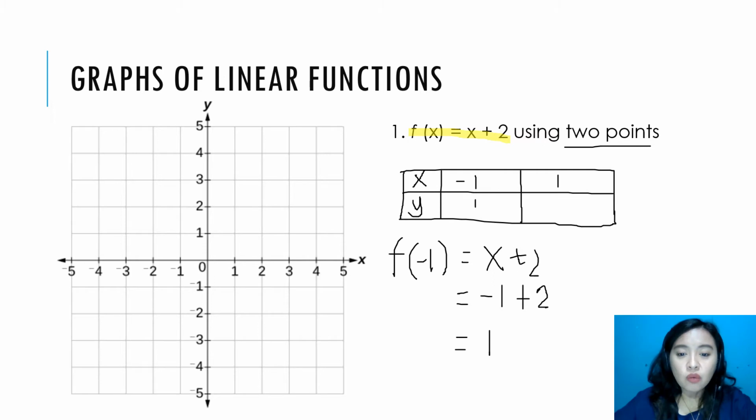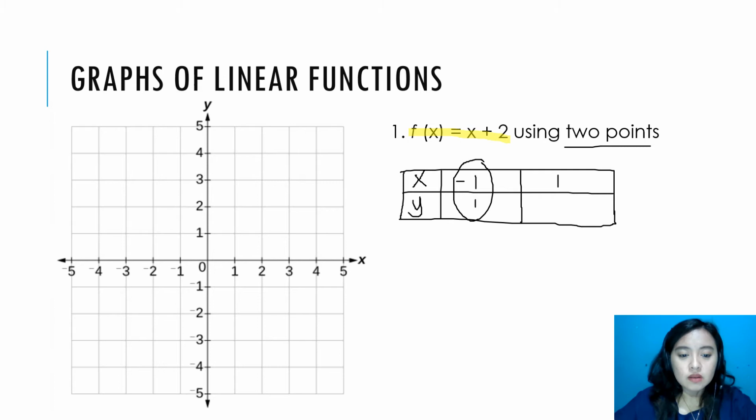We now have our first set of ordered pairs. Okay? This time, what if x is equal to 1? So if our function is f of 1, is equal to x plus 2, so our function will become 1 plus 2, or f of 1 is simply equal to 3.